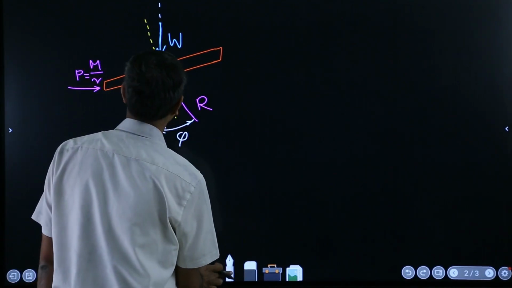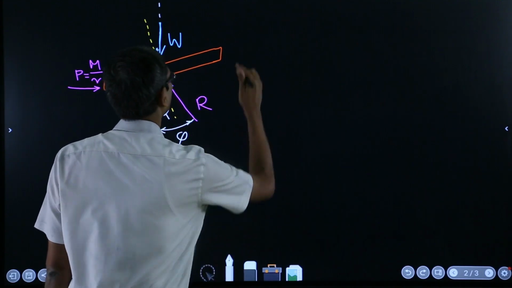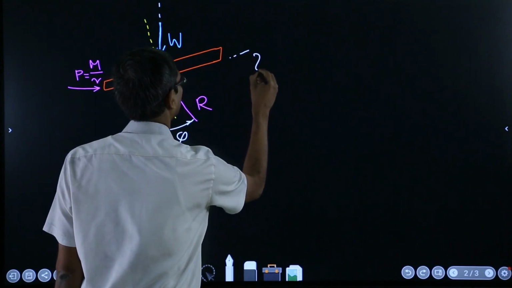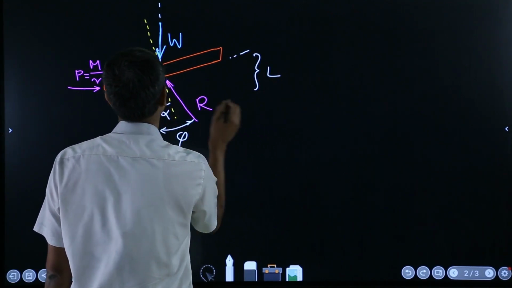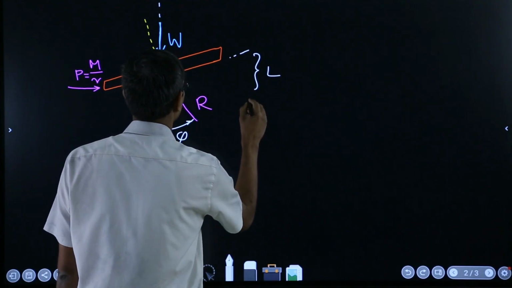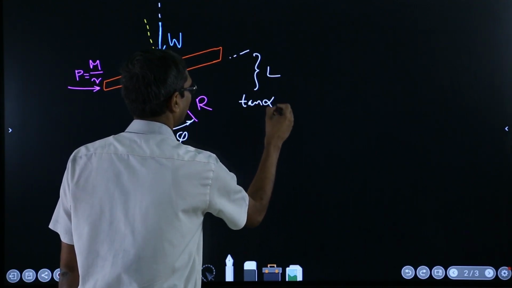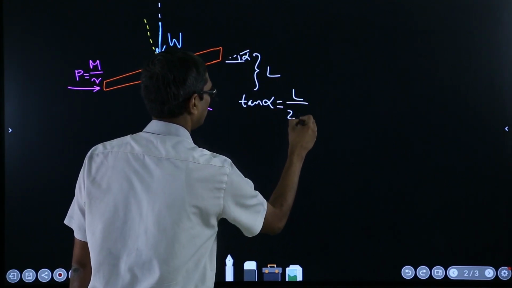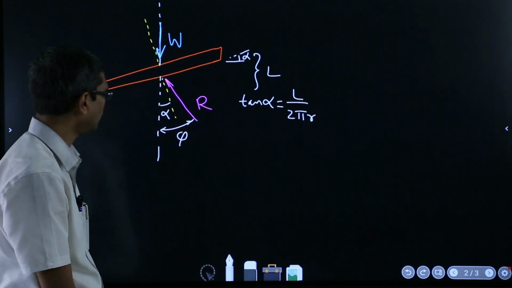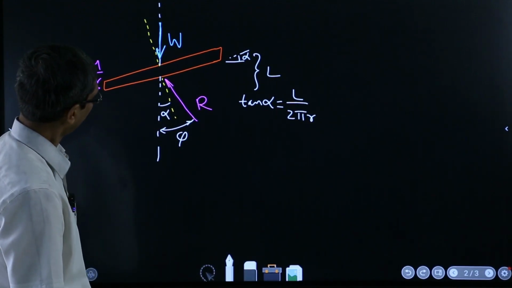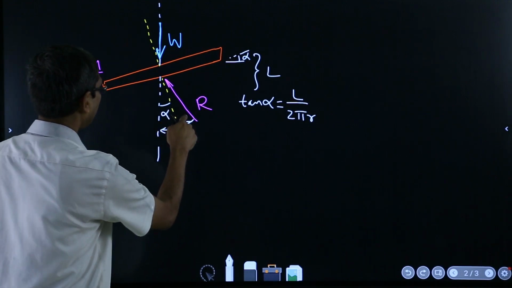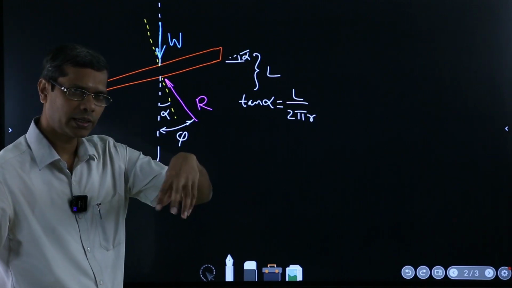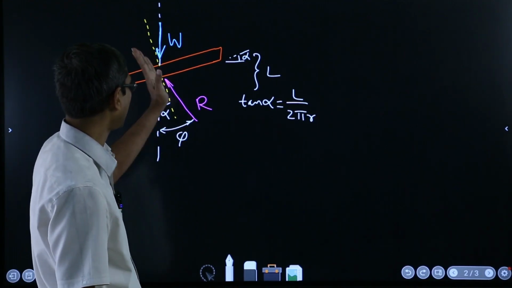And I was trying to say that this height is L, and this length is 2 pi r. So tan of alpha, because this angle is alpha, is equal to L over 2 pi r. Okay. Now from here you can again write the balance equation. You don't have to think about the moment and all those things. So this is the complete reaction which is coming.